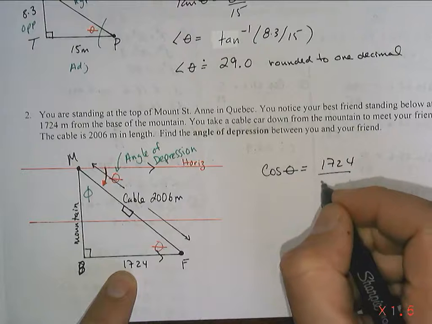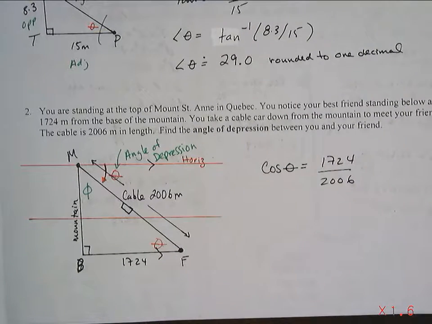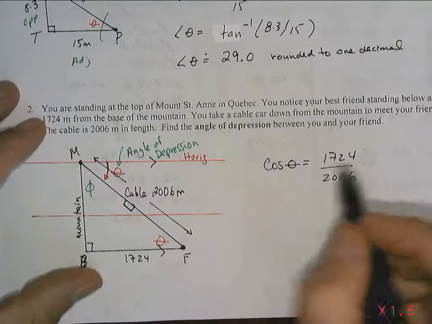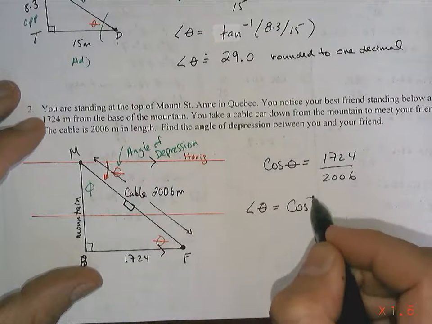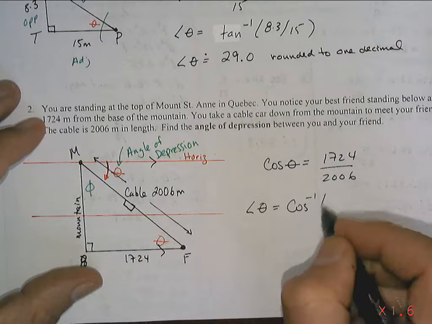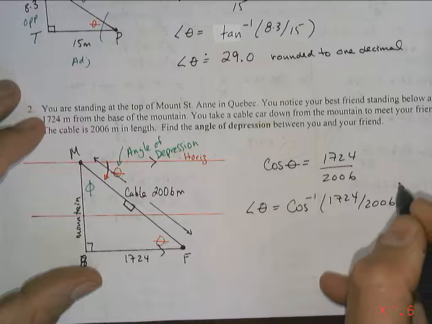The cable is hypotenuse, so it's 2006. So I'm going to take this and I need to go for my angle. So angle theta is going to be the inverse of cosine of 1724 divided by 2006.